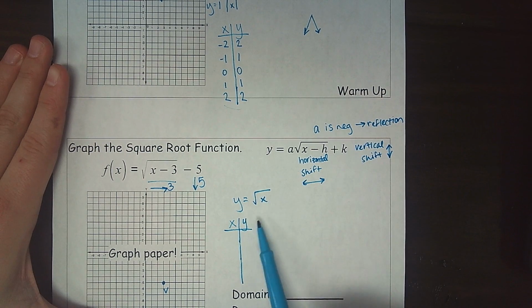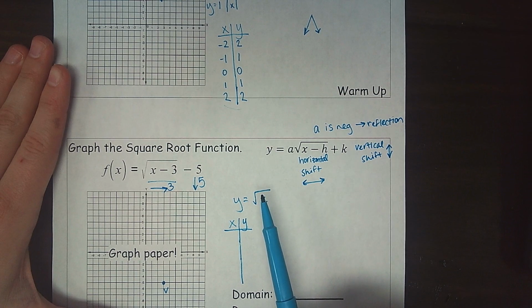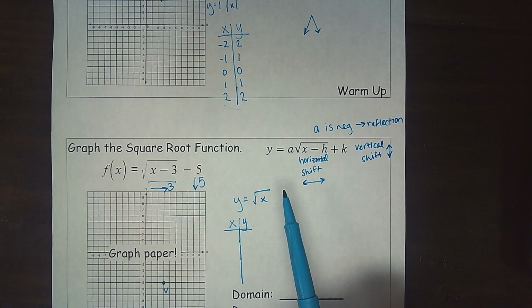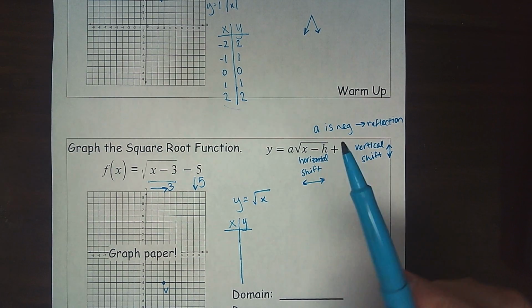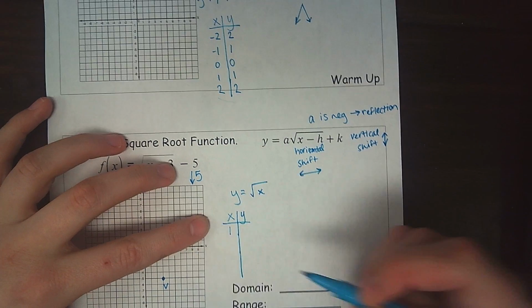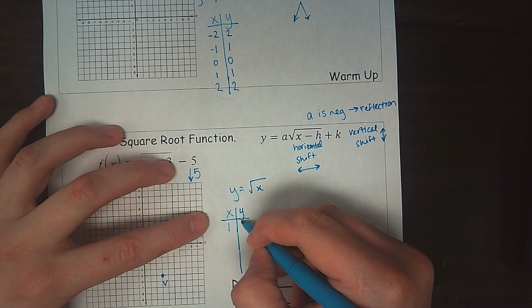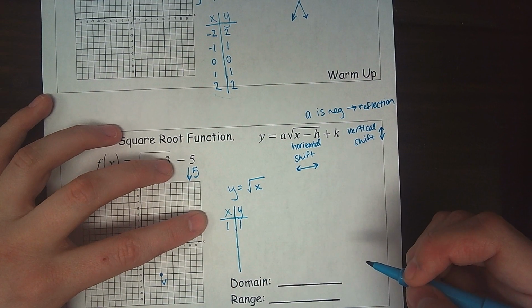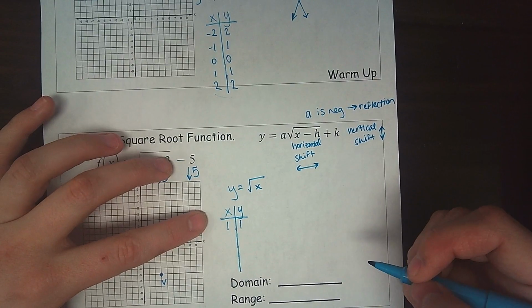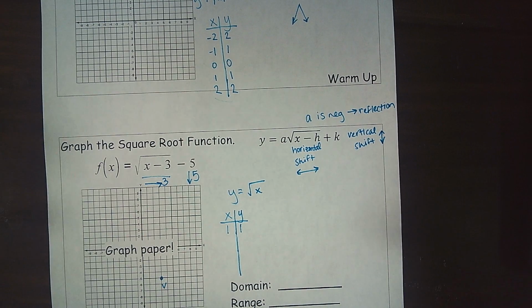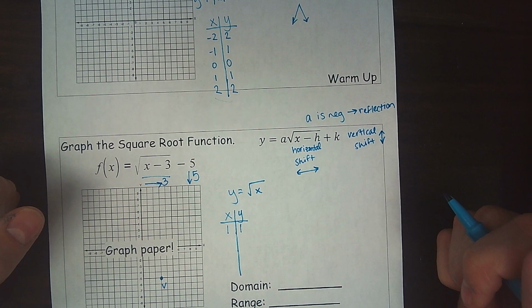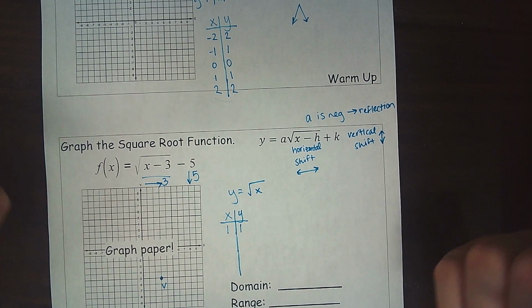I want to deal with nice numbers. So this time when I choose my inputs, I'm going to choose numbers that we can easily take the square root of. So for example, I'm going to choose 1, because if I input a 1 for x, I'm going to get a 1 in return. My nice perfect square, my nice number that I can take my square root of, the next one is going to be 4.